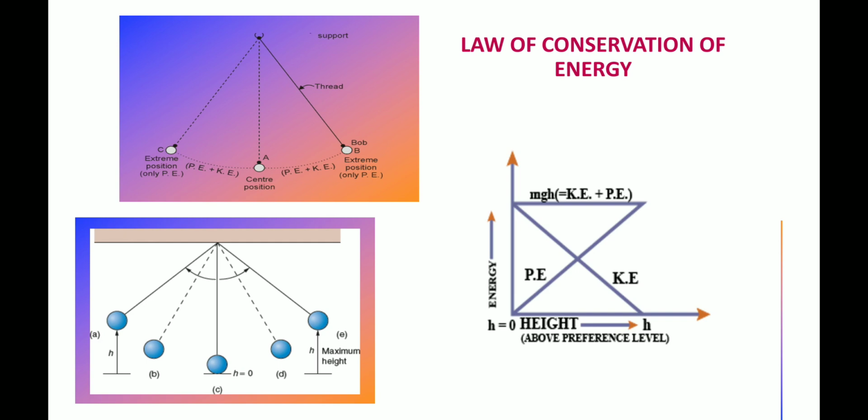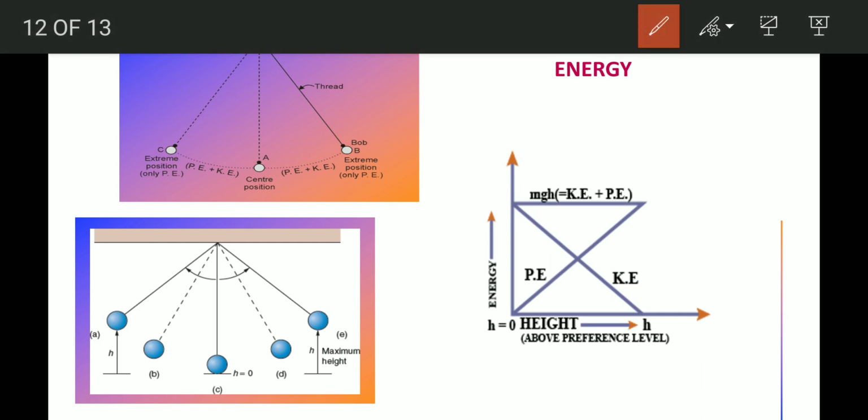The same scenario is observed for a simple pendulum. And you can see in the diagram that at the base, that means at the reference level when height is 0, the potential energy will be 0 at the center position.